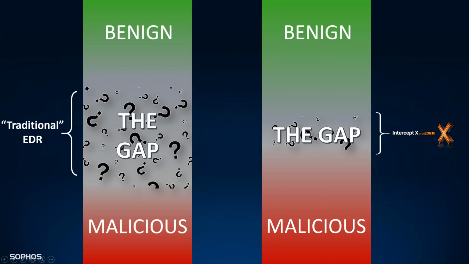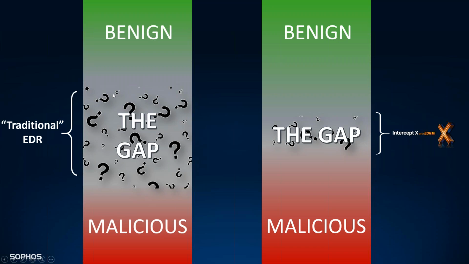Intercept X helps narrow the amount of things that I need to investigate. Why would a smaller amount of things to investigate be an advantage? Good question. With traditional EDR products from other manufacturers, since they don't have the expertise of the endpoint and the history that we have, because Sophos has been around as an endpoint vendor since 1985, they have to sift through all this information.